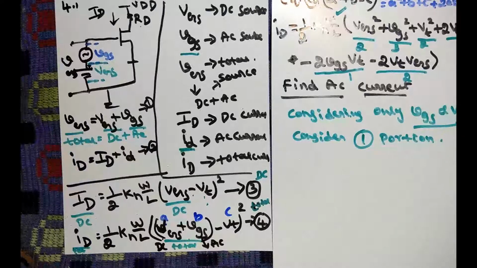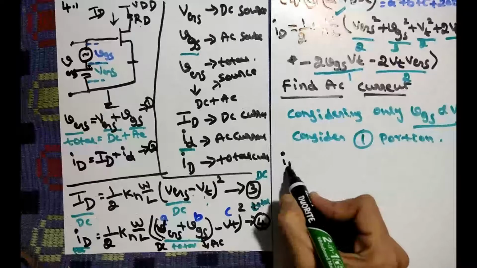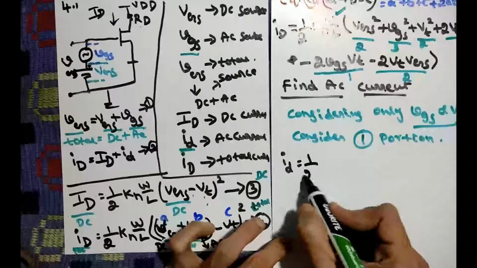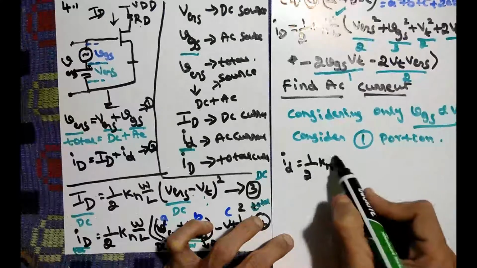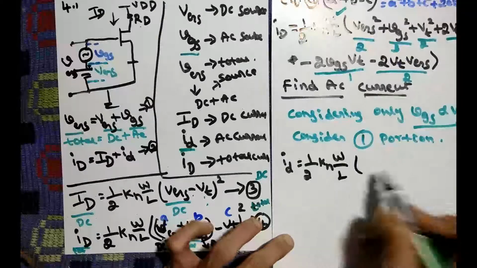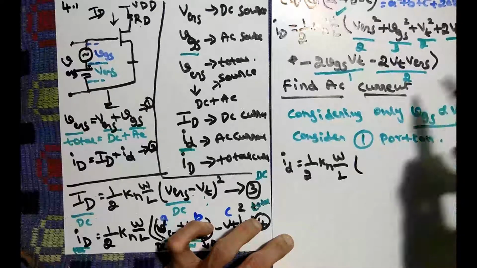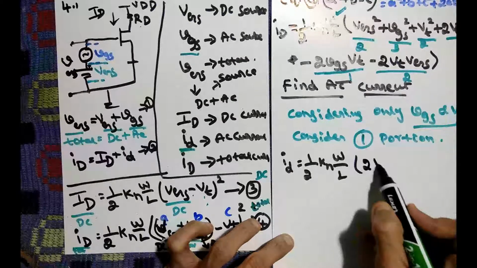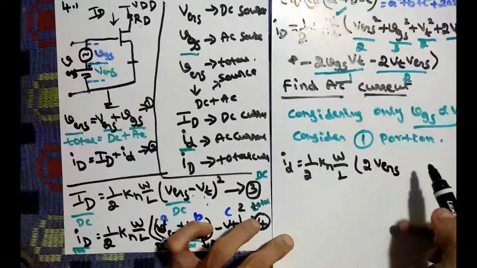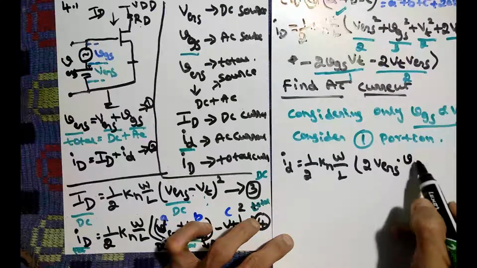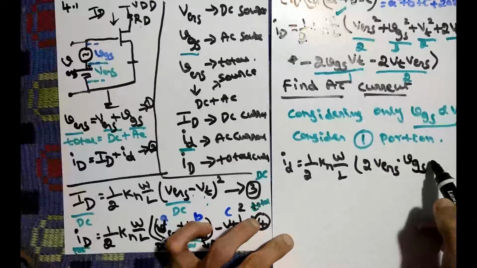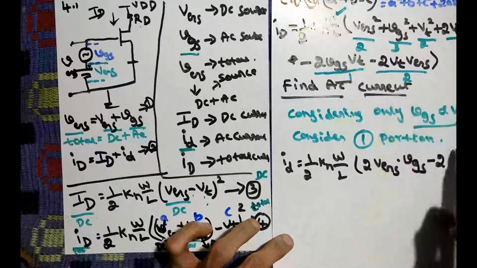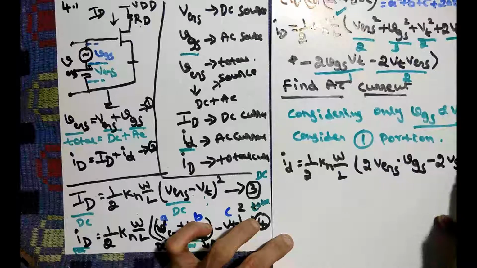So we can take small ID here is equal to, as it is, 1 by 2 Kn W by L as it is. Then we can consider only wherever 1 is there. So that is 2 capital VGS into small VGS minus, again we have 2 small VGS and VT.